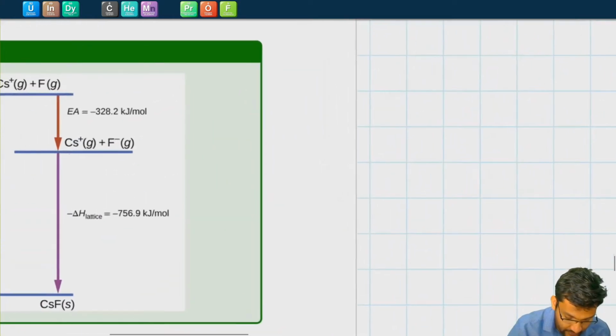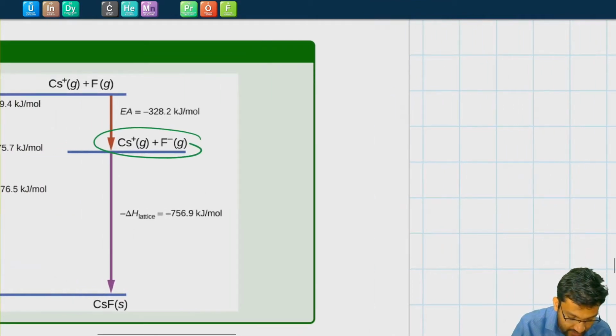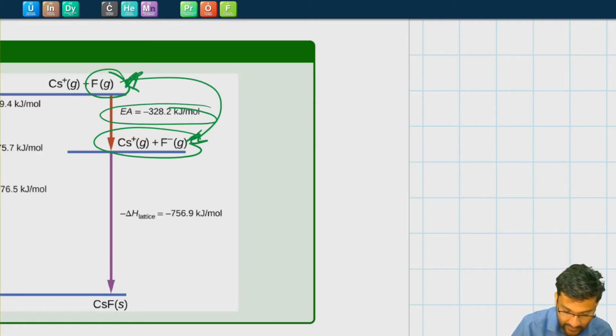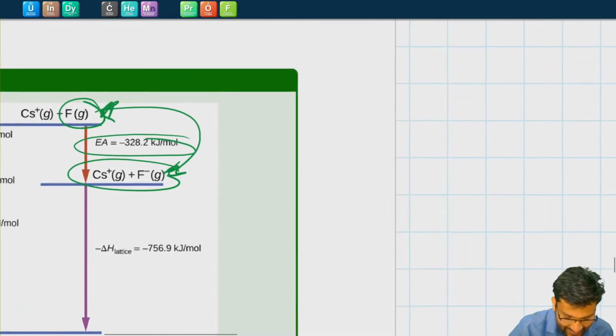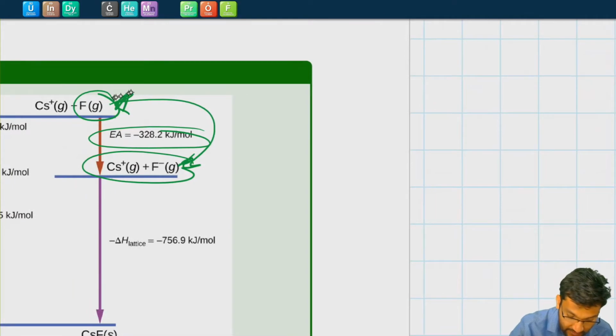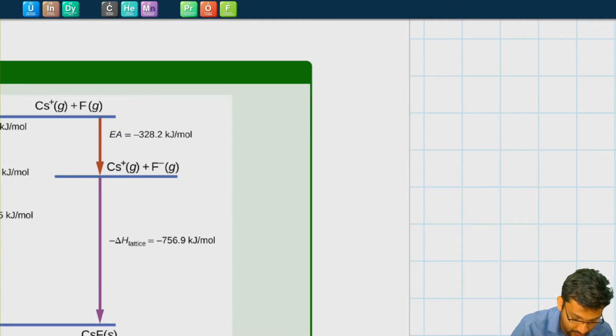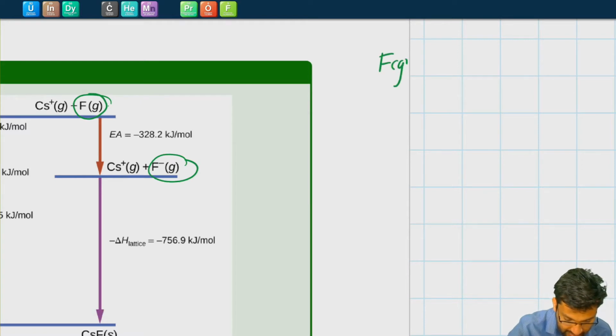Instead of going from here, what we've done is we've gone from a fluorine gas atom to a fluoride ion. If we go backwards, it will be the opposite of this. We're going up in energy. So let me write that again to make sure that we understand what's going on. The forward reaction here is going from a fluorine gas atom to a fluoride ion in the gas phase.